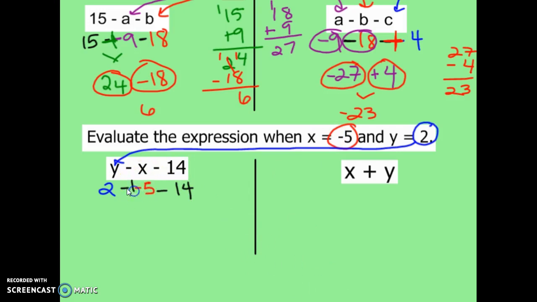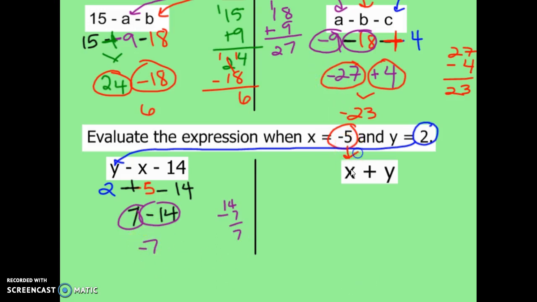So here again, two negatives make a positive. 2 plus 5 is 7, and 7 minus 14, different signs, positive, negative, subtract. 14 minus 7 should give you 7, but there's more negatives, so it's a negative 7.